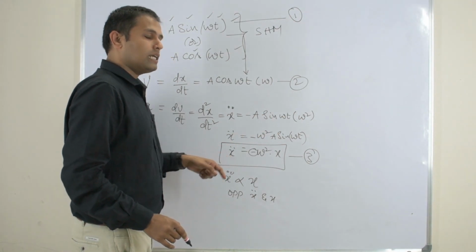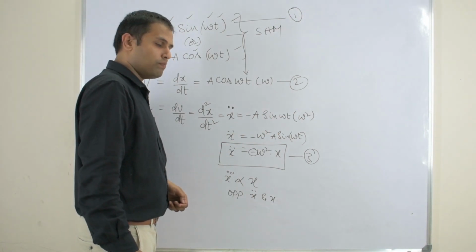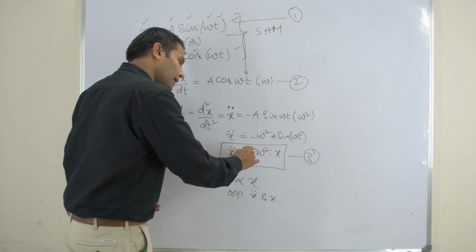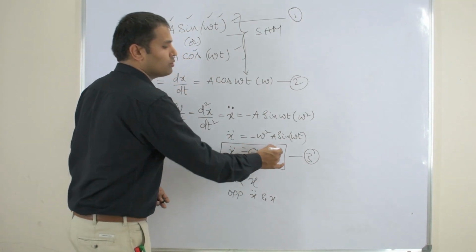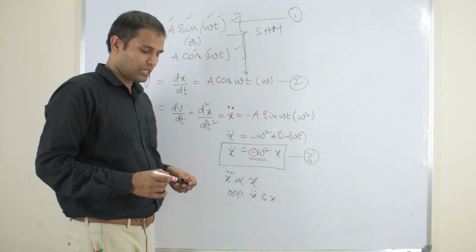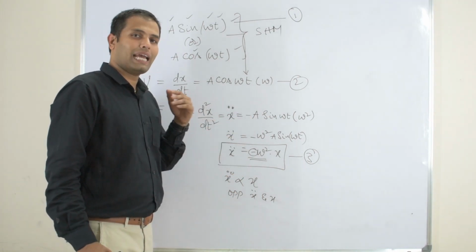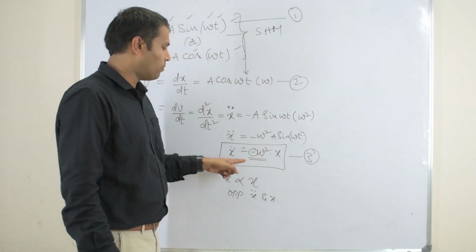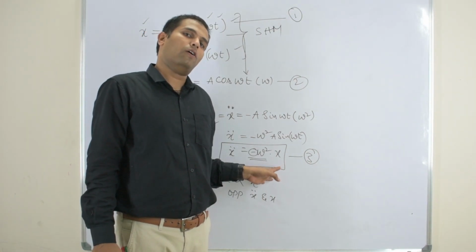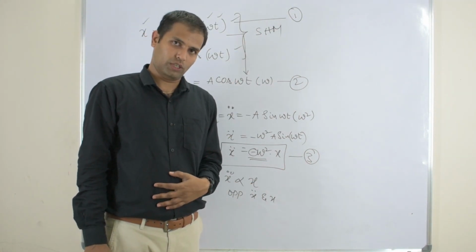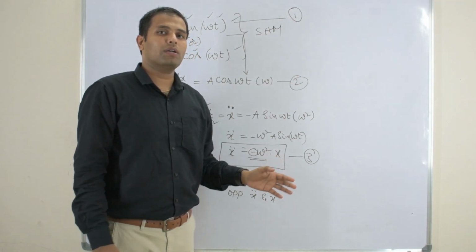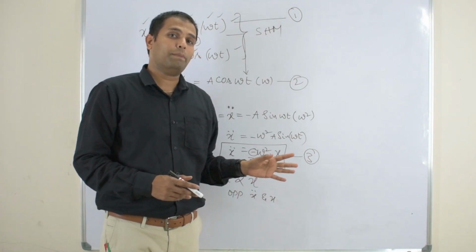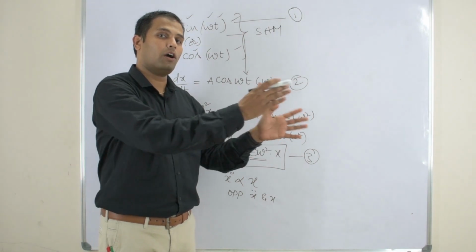Always your acceleration in simple harmonic motion is minus omega square times the displacement. These are the things you can conclude, with the final form of the acceleration of simple harmonic motion. So this is about the vectorial representation of simple harmonic motion.